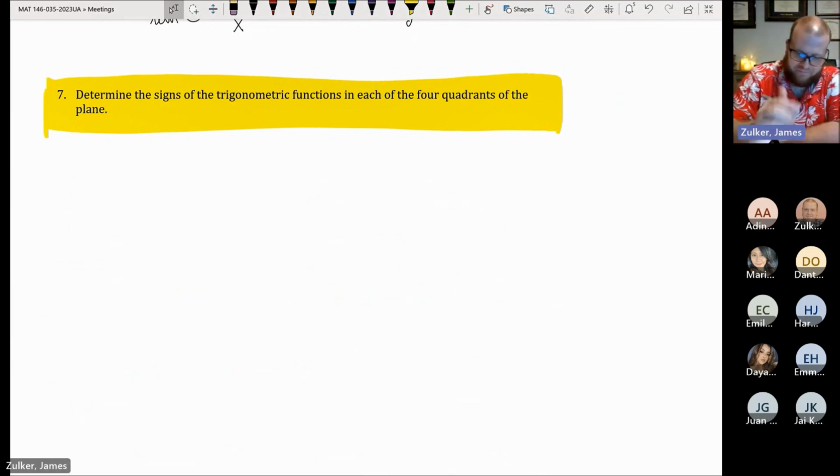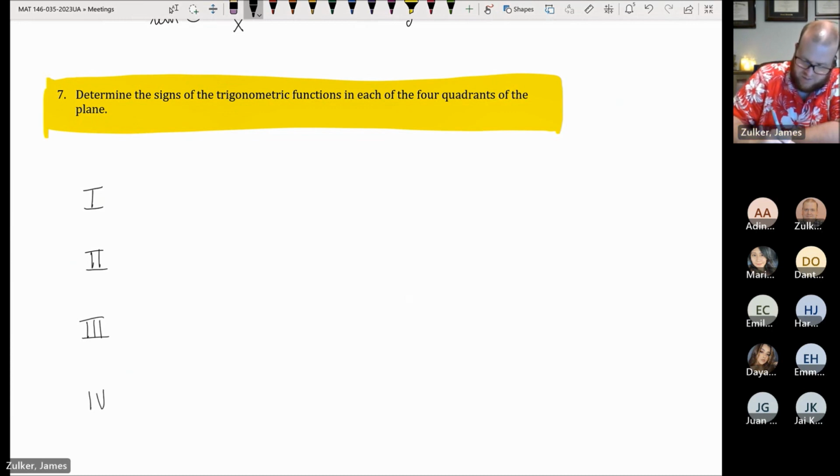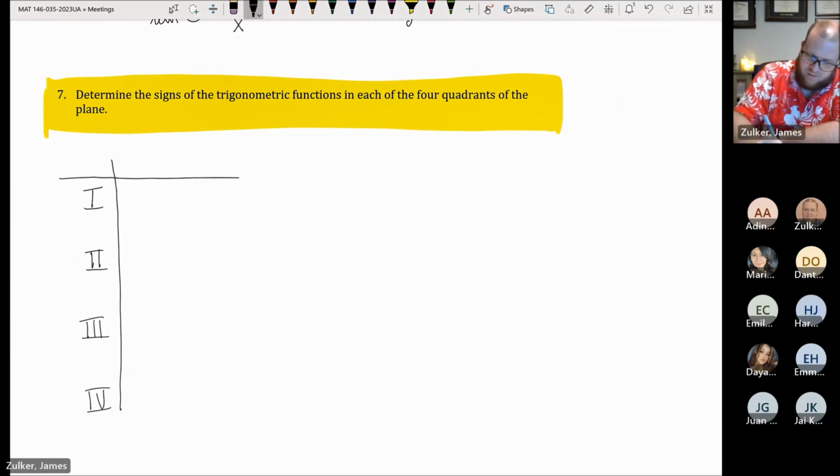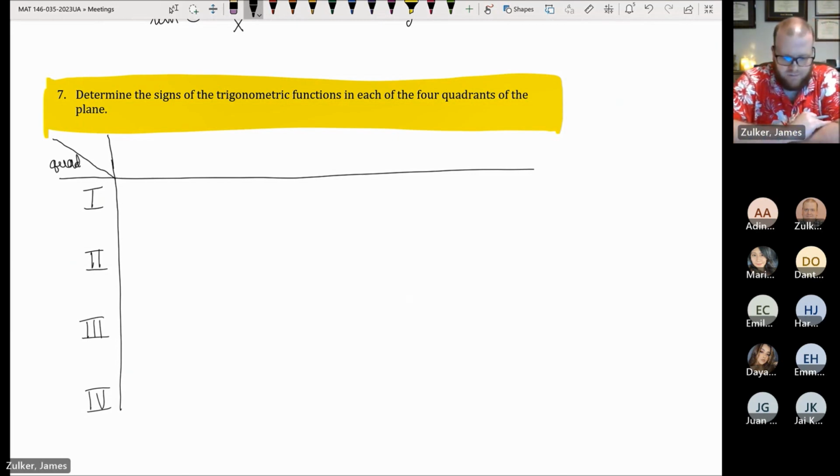So I'm going to create a table. Each row is going to represent a quadrant. Then each column is the trig function.